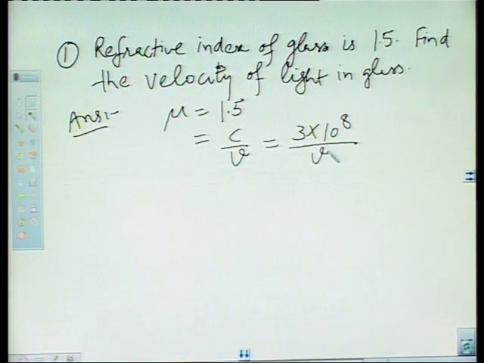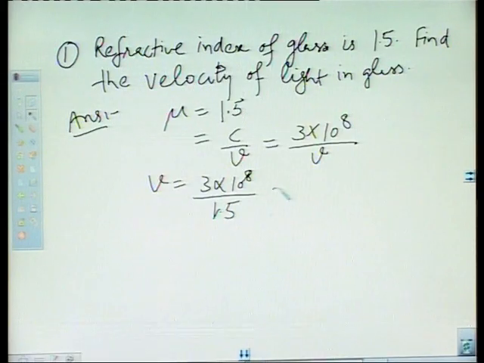So v is given by 3 into 10 raised to power 8 divided by 1.5, which comes out to be equal to 2 into 10 raised to power 8 meter per second.